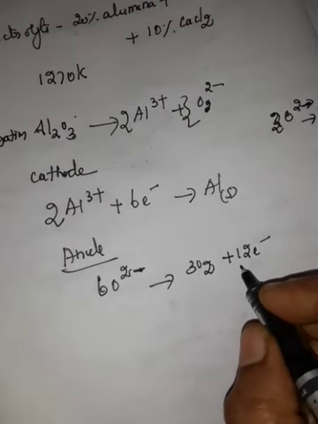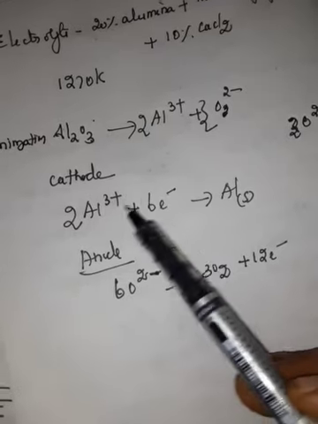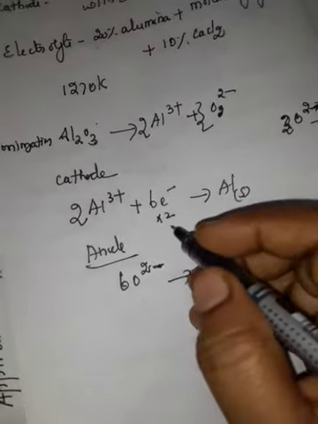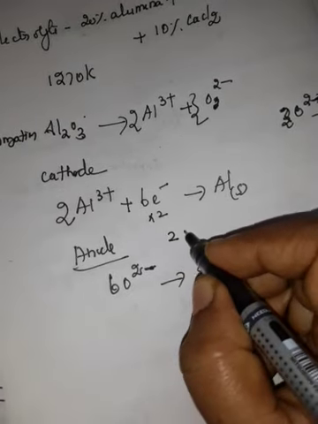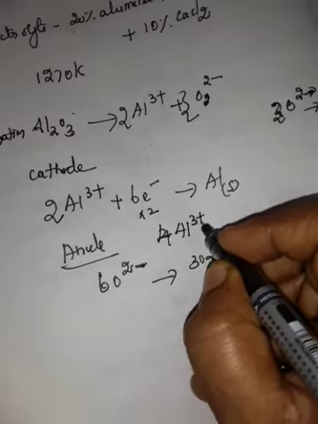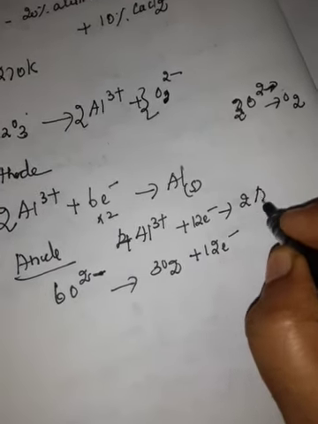Here 12 electrons are released, but at the cathode we got only 6 electrons. So to balance this, we have to multiply the cathode reaction by 2. So here we get 4Al3+ plus 12 electrons giving 4Al.